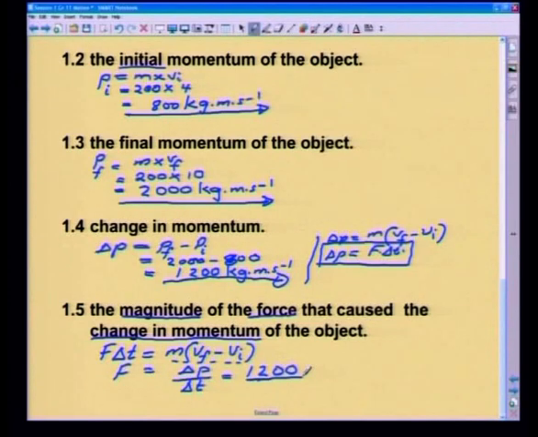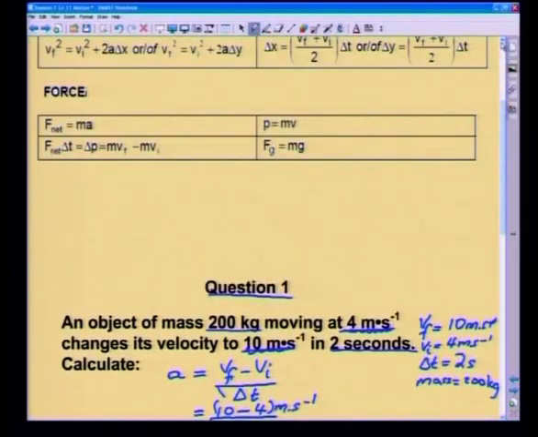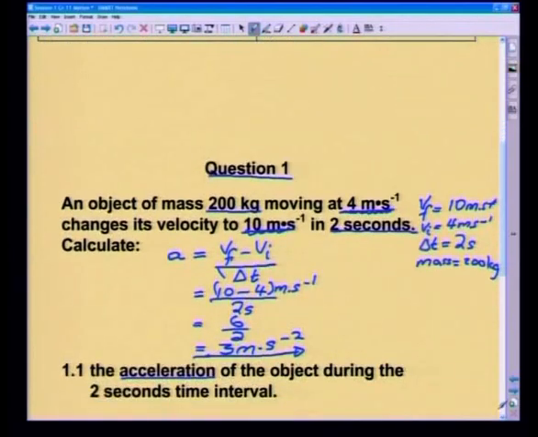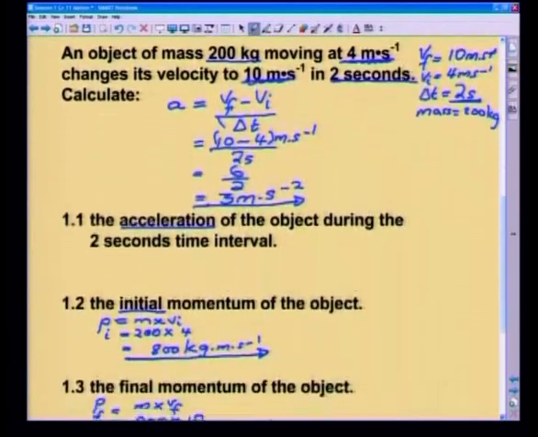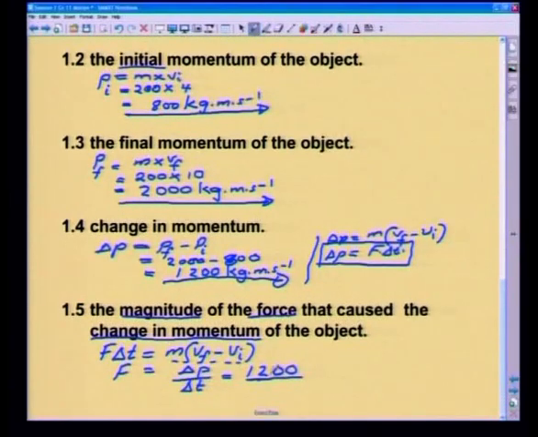Now, what is our time? We can quickly go back there. How long did this process take place? This change in the motion of the object took place for 2 seconds, and therefore that is our time interval. We are going to use it down here. It will be 2 seconds.